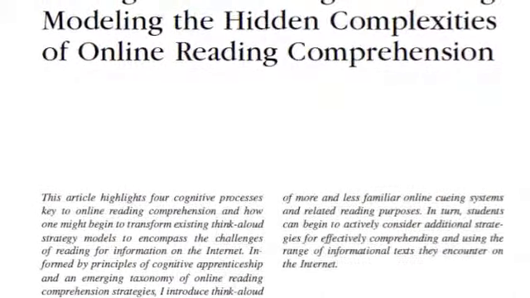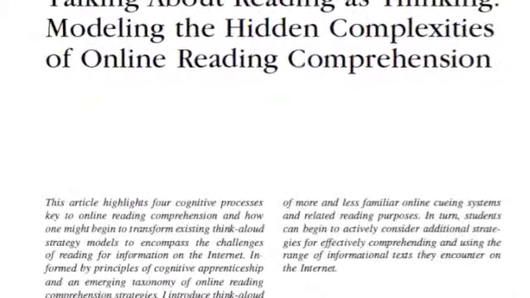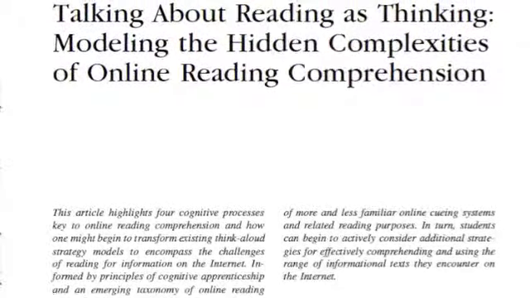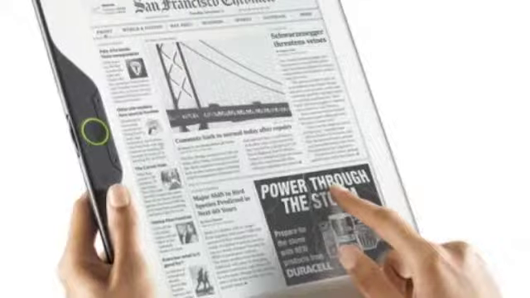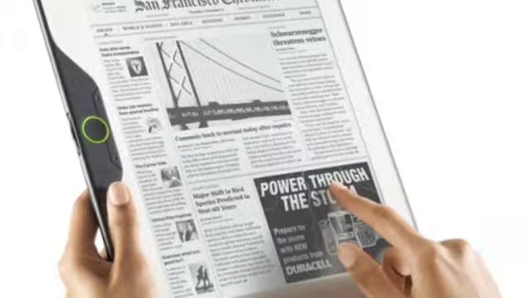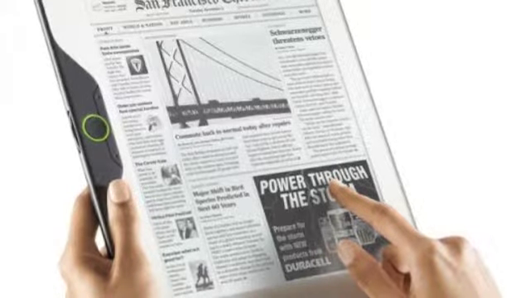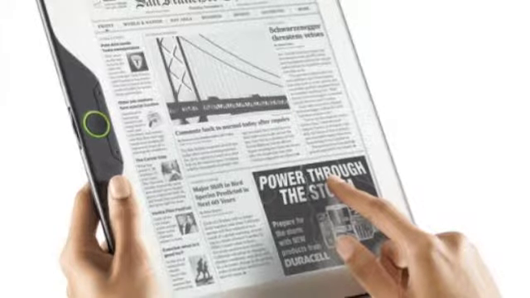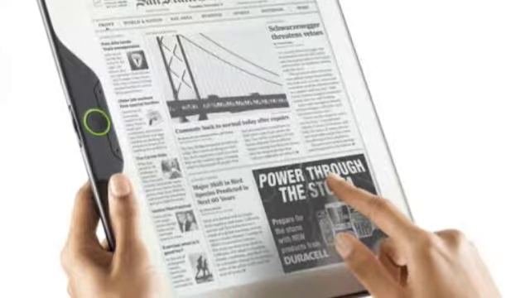Also supporting that was Julie Coyro's article about reading as thinking. Reading this article brought to the forefront of my consciousness the vast differences in online and offline reading and how to assist students in this area.